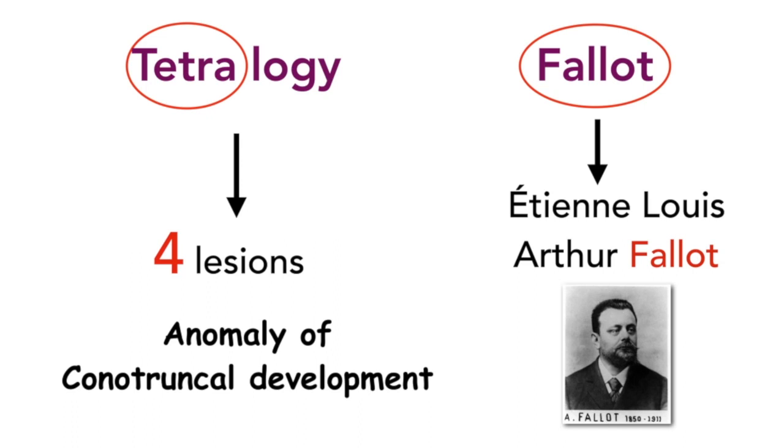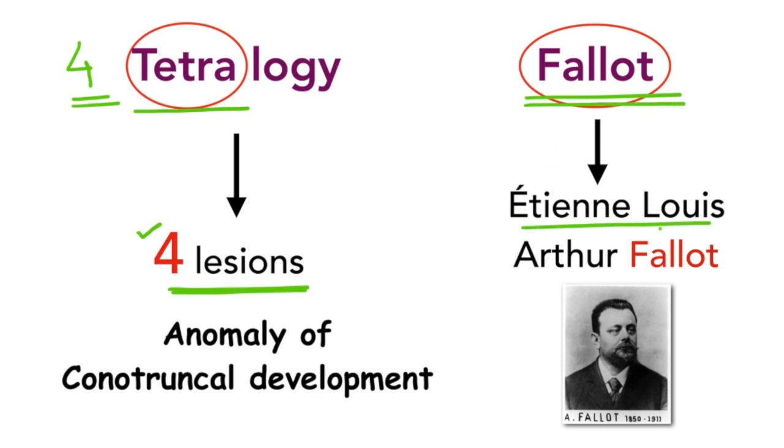So let's break down the name and see what we get. Tetra means 4. That means we are dealing with a disease that has 4 distinct lesions. So it is known as tetralogy. And now what is Fallot? The Fallot term comes from the name of the physician Etienne Louis Arthur Fallot. He was a French physician who described tetralogy.